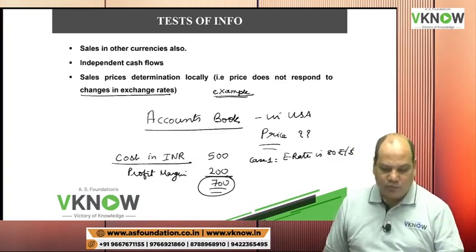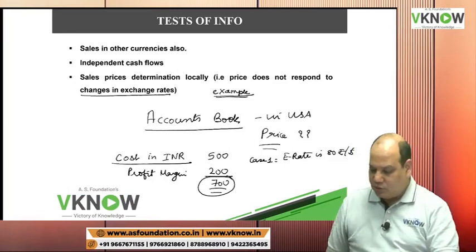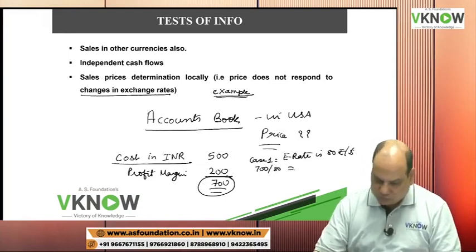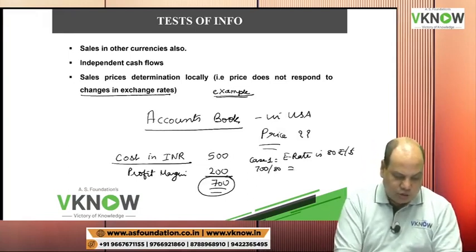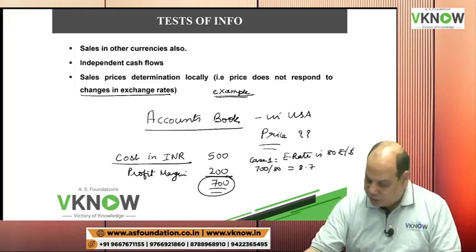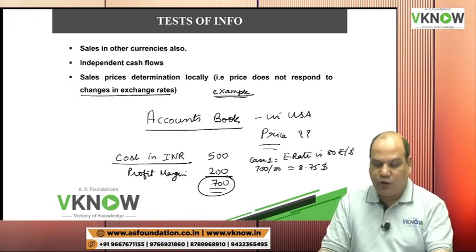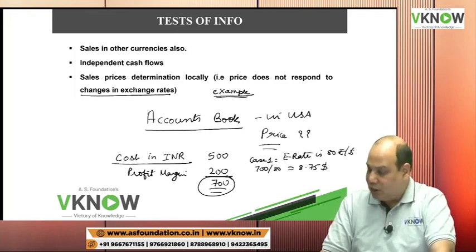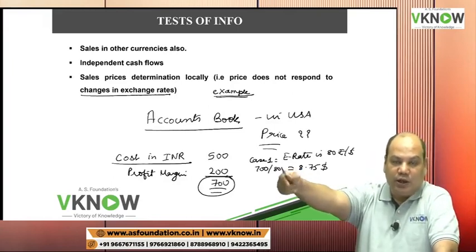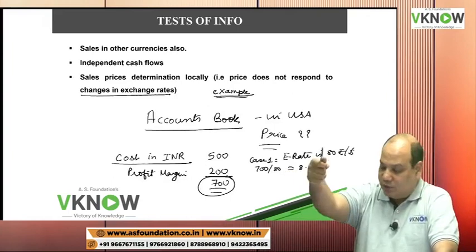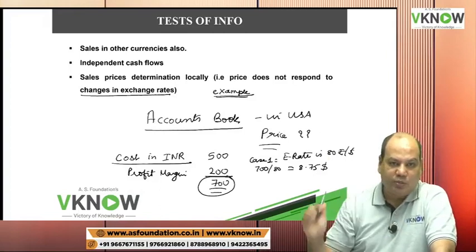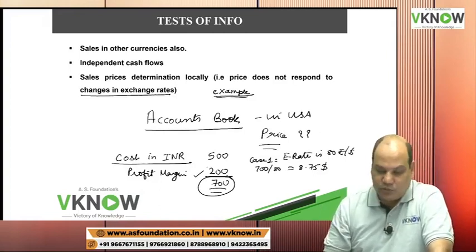You will take 700 rupees divided by 80, so the price you need to quote in US dollar is $8.75, so that after conversion you will get 700 rupees. The foreign operation will sell at $8.75, convert at 80 rupees, send it to me, and I will get 700 rupees. I am happy, I got 200 rupees margin.